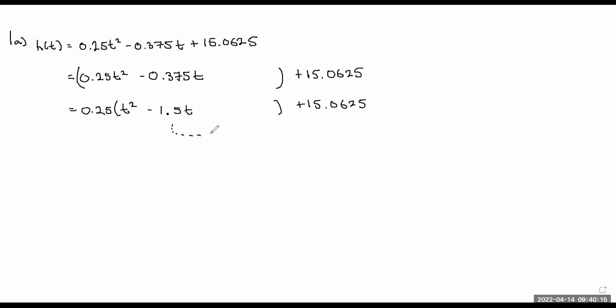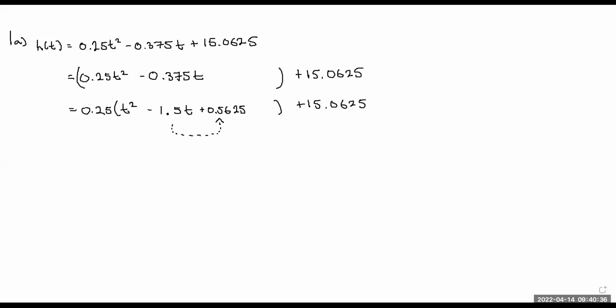Continuing, we take this number divided by 2 and square it. That's going to be positive 0.5625, is it? And when you add something, you can't just add for no reason.